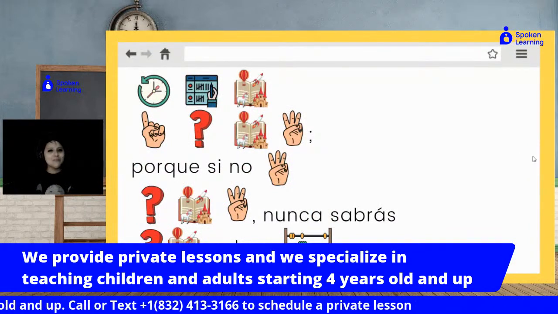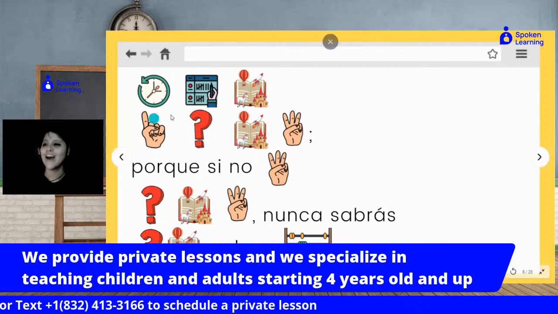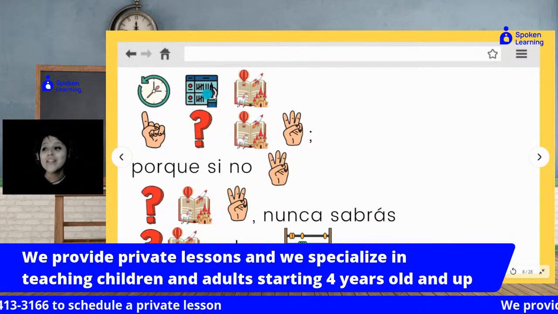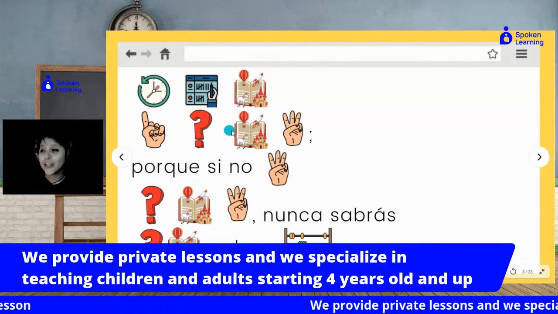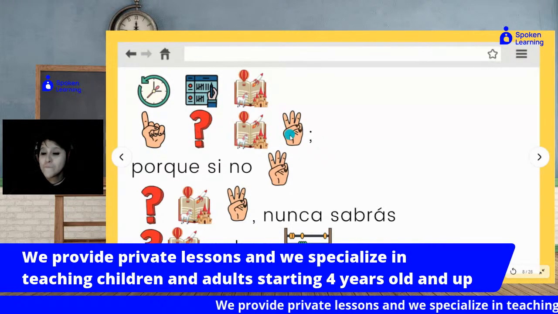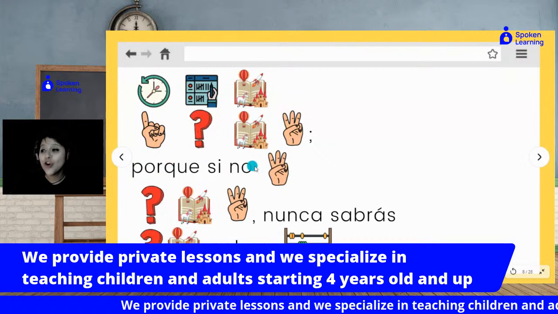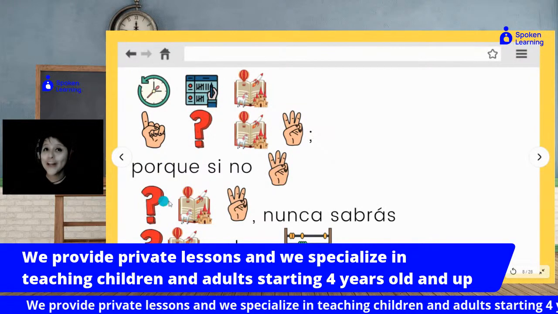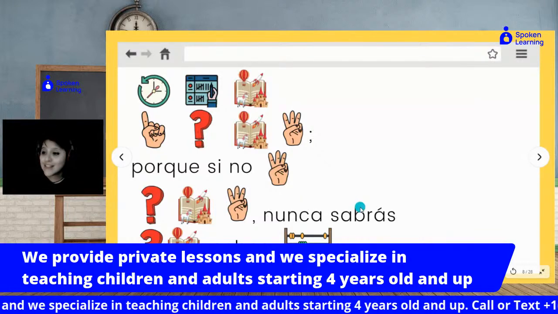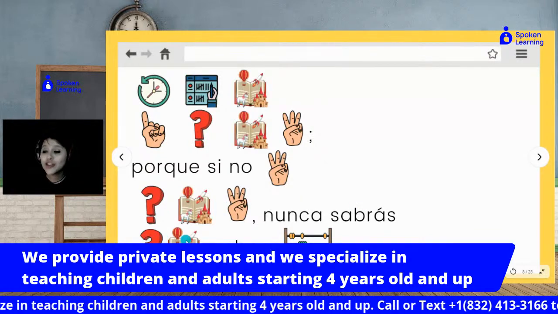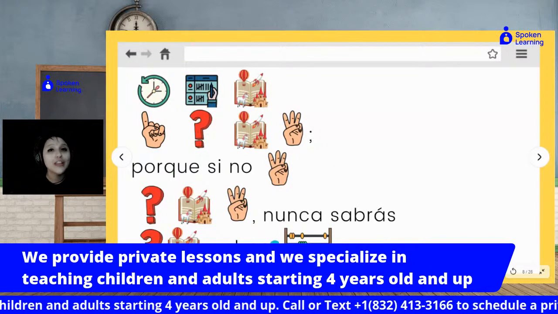There it is. Beautiful, isn't it? Cuando cuentes cuentos, cuenta cuántos cuentos cuentas. Porque si no cuentas cuántos cuentos cuentas, nunca sabrás cuántos cuentos sabes contar.